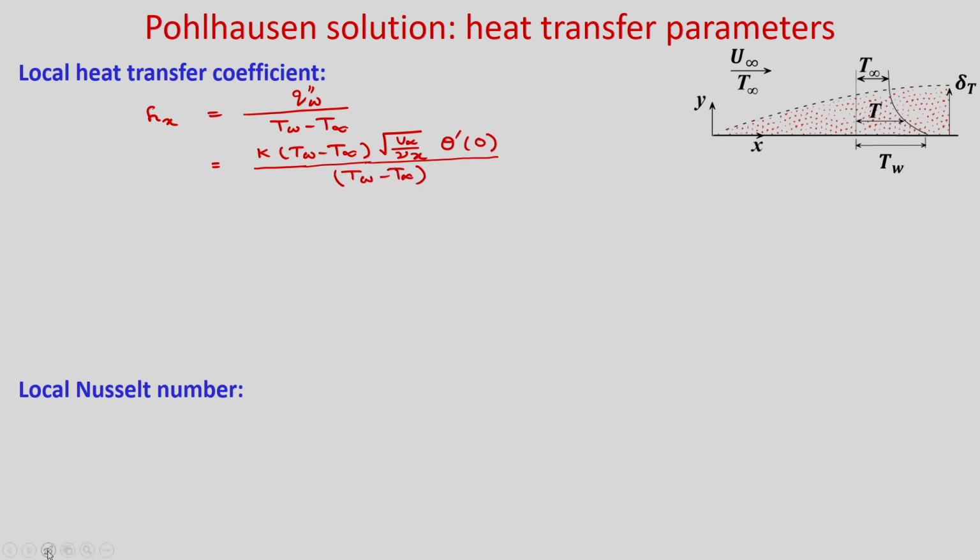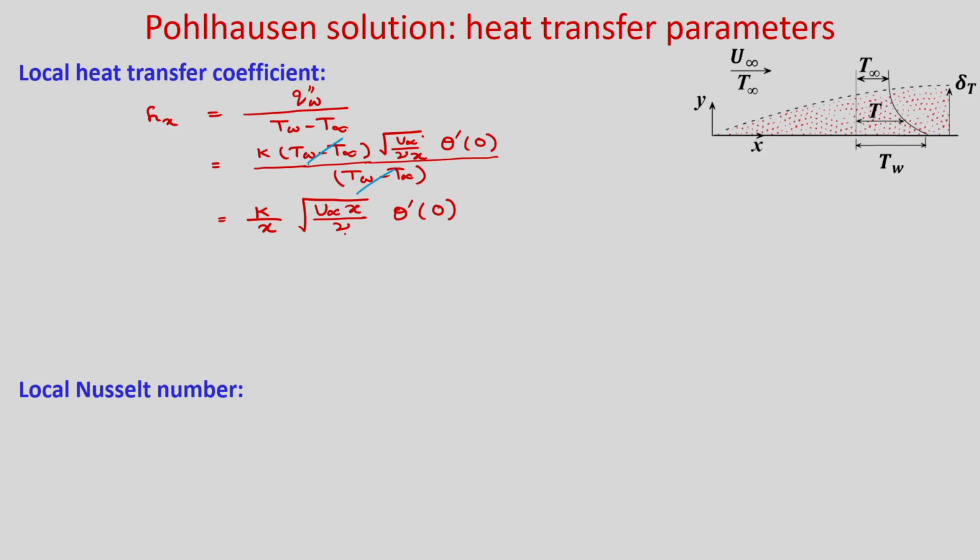So, this you can cancel. We will write k by x, multiply in the numerator by x and take it inside the root, so it will be x square. So, you will get root of u infinity x divided by nu, theta prime 0.